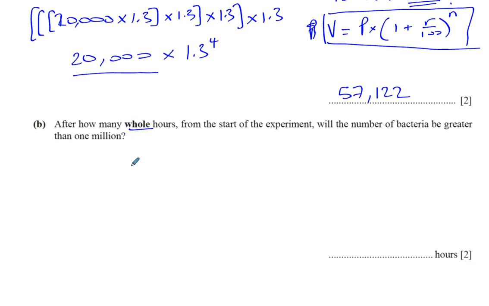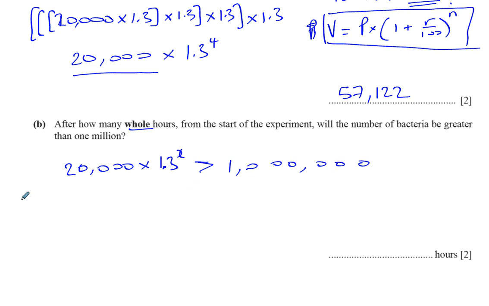So I know that 20,000 times 1.3 to the power of something, I want to know when that first becomes greater than 1 million.